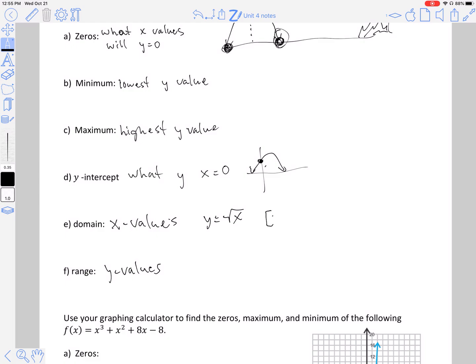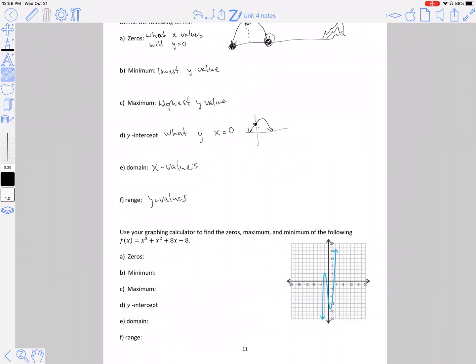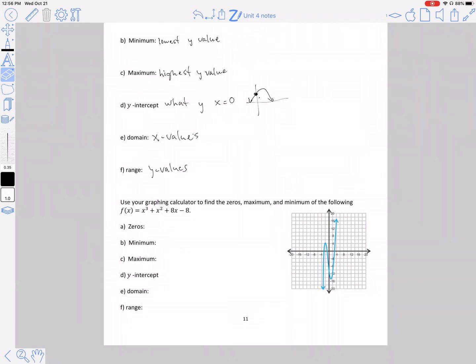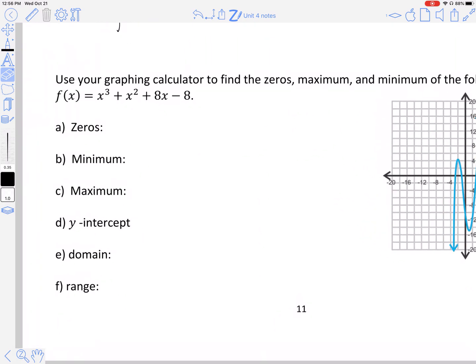So the domain would be only use numbers from 0 to positive infinity. So 1, 1 million, 99, 64, all those numbers are between 0 and infinity, so the domain is restricted, and we show it like that. And the range will be all the possible outcomes, which is, like I said, the y values. So we're going to use our calculator to find these critical points using this model.